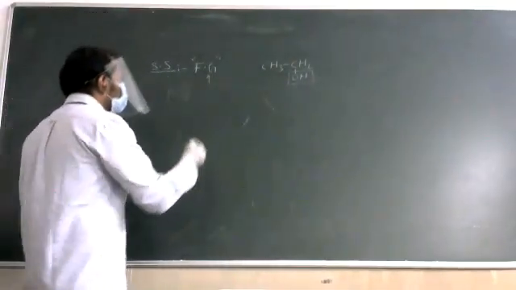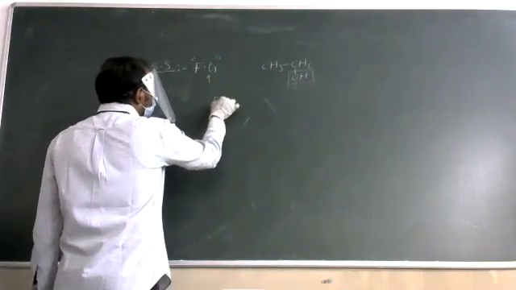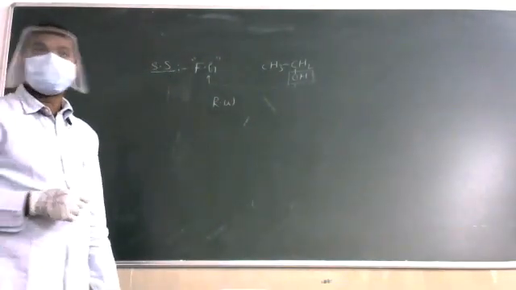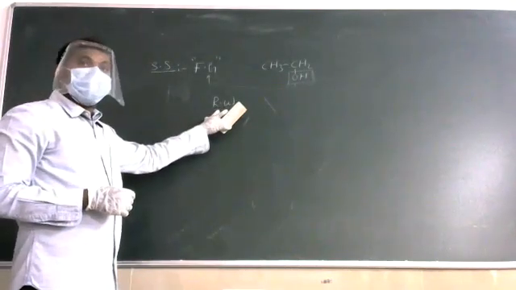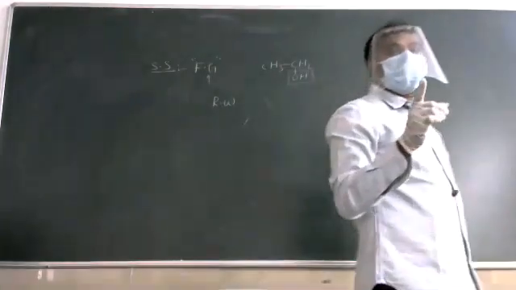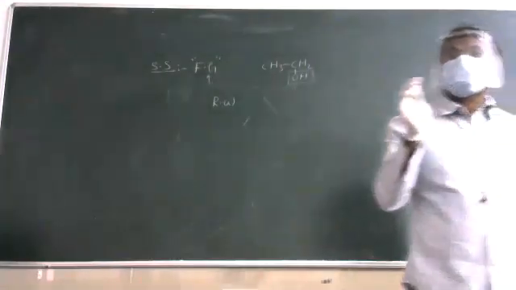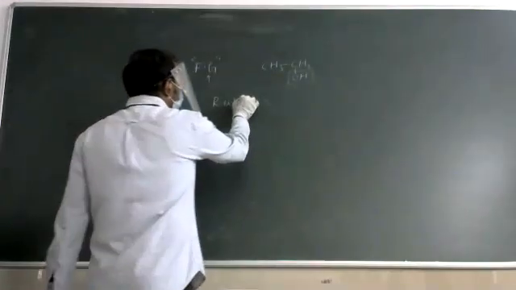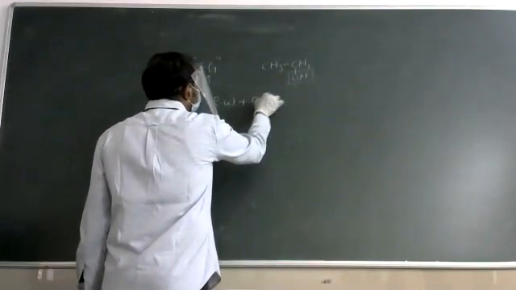Before we know that, first the root word. What is the use of the root word? It indicates the number of carbons in the principal chain. After that, the primary suffix.